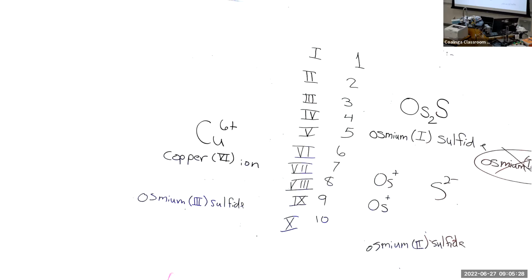Okay, what is going to be the charge on the osmium again? Well, that's 2 plus, right? And we know that sulfide is 2 minus. So then it's going to be.